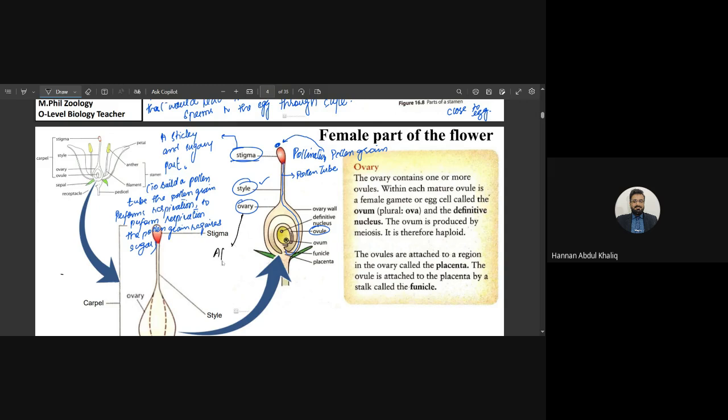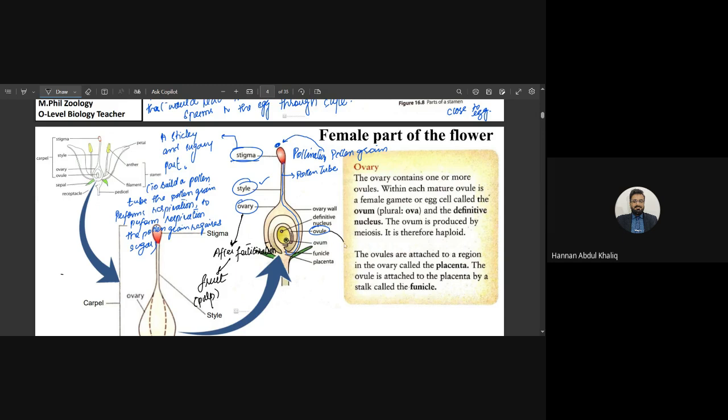Okay, now you need to be very, very attentive here. After fertilization, the ovary would become the fruit. What is the meaning of it? When the reproduction is successful, now the ovary is going to be the fruit. The pulp of a fruit that you eat is actually the cells of the ovary.